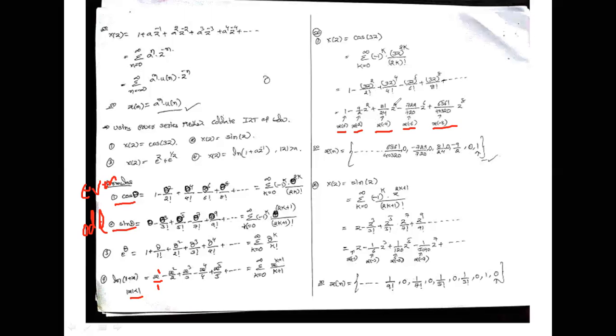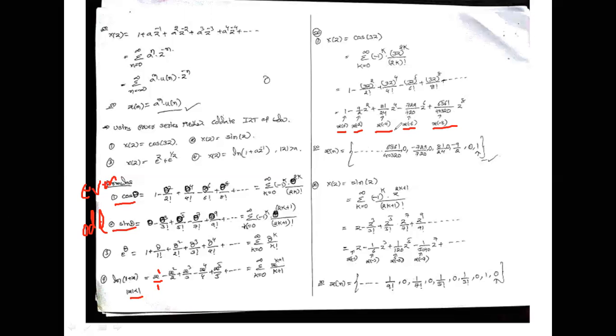And then the value here, 3 power 4 by 4 factorial. 4 factorial means 4, 3, 2, 1. 4 times 3 is 12, 12 times 2 is 24. 24 you'll get. And 3 power 4: 3 square is 9, 9 times 9 is 81. And so on. Got it, my dear students? Because these are positive powers.